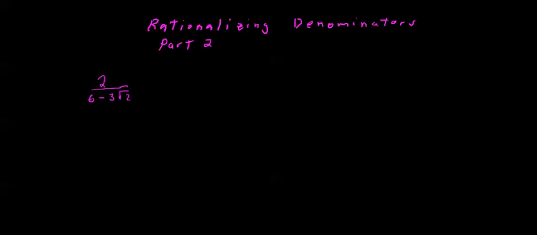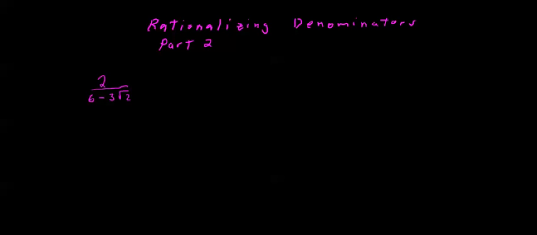All right, the rule from yesterday, remember, was we could not have a radical in the denominator. Now I have a binomial with a radical. What we do is we multiply by the conjugate.